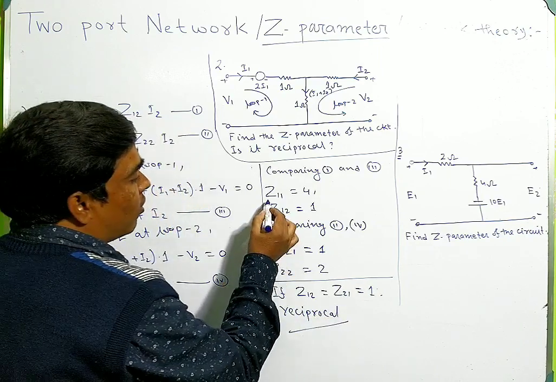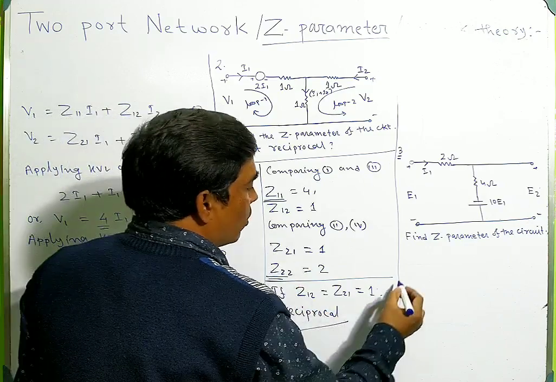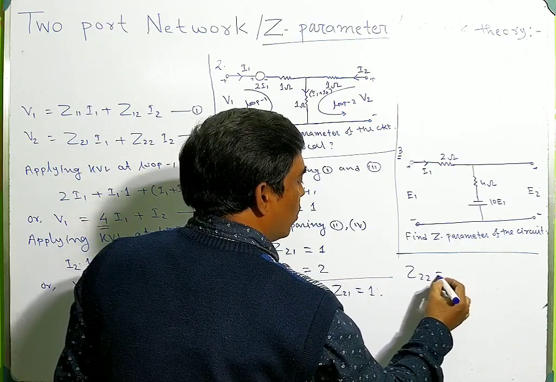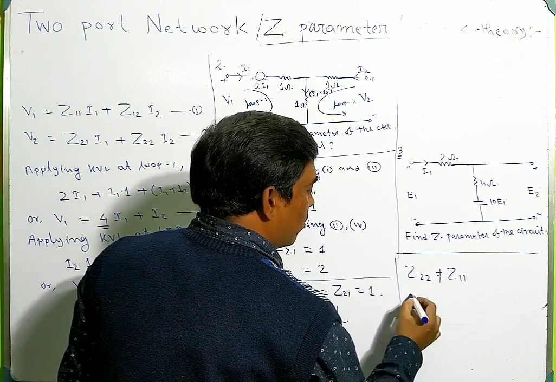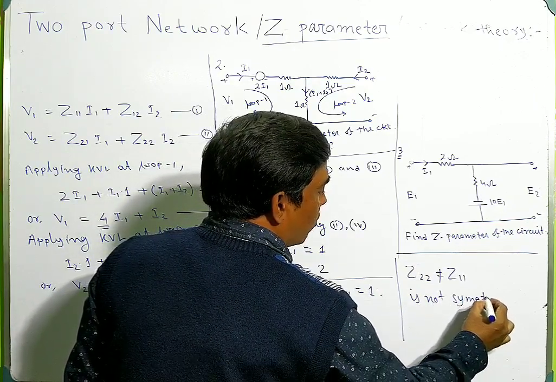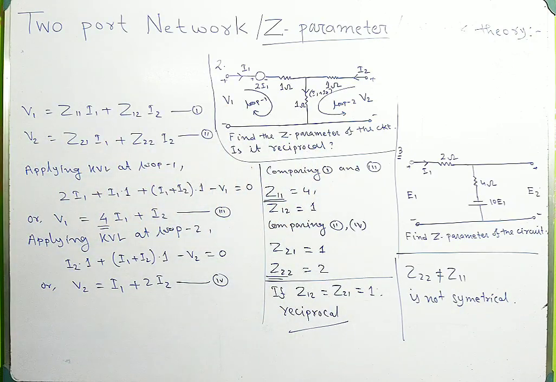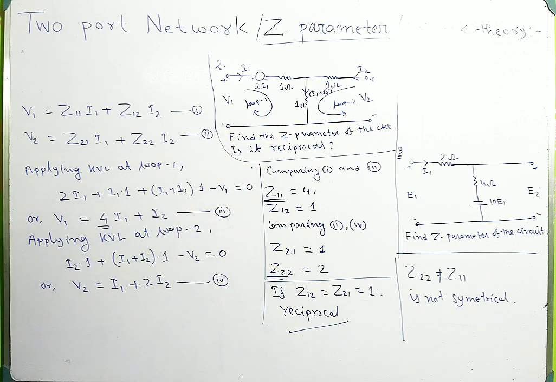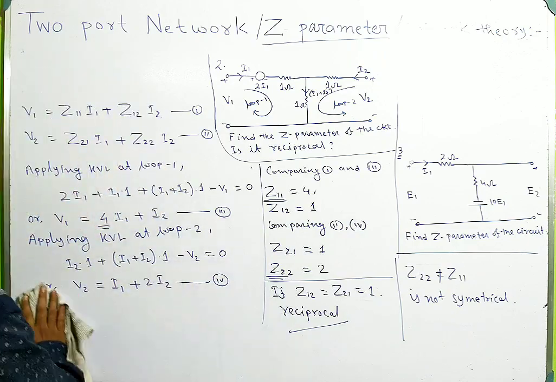But here Z11 is not equal to Z22, so it is not symmetrical. So in this way you can solve problem number 2. Now this is the last problem we will solve.